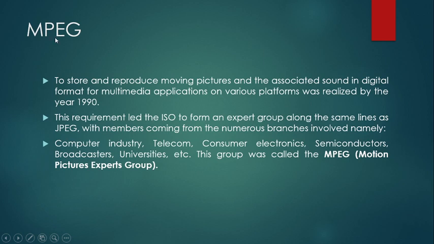So first and foremost, understand that the Moving Pictures Expert Group is meant for moving pictures and associated sound in digital format. After JPEG, there was a need for a compression algorithm for moving pictures. So several experts from industries formed a group called the Motion Picture Experts Group. It has the same guidelines as that of JPEG.